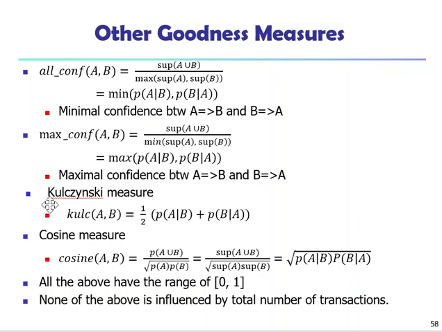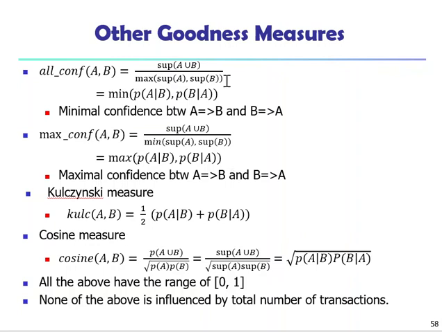Kulczynski measure takes the average of those two confidences. Cosine similarity takes the square root of the product of the two confidences.